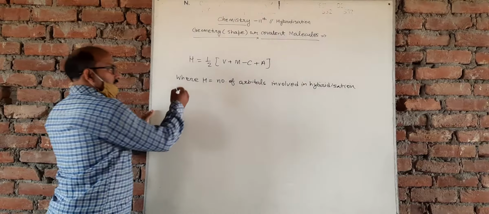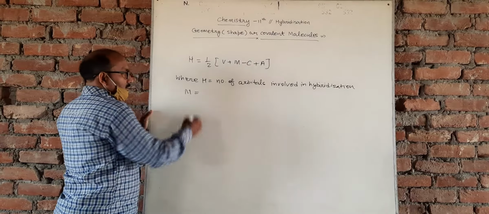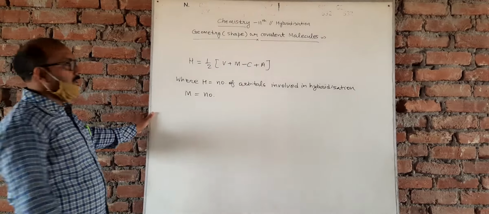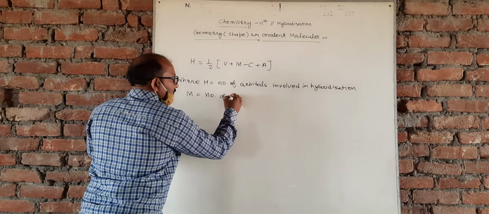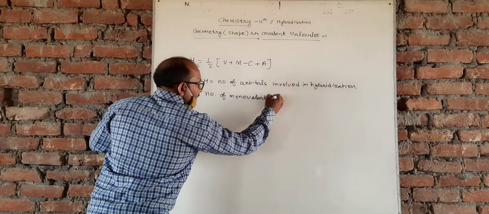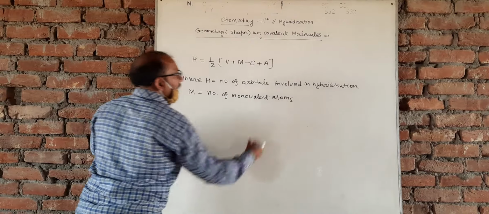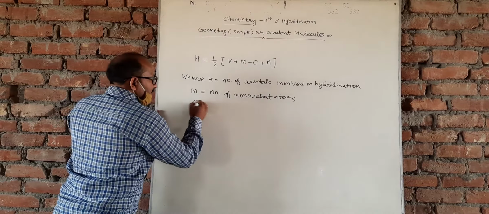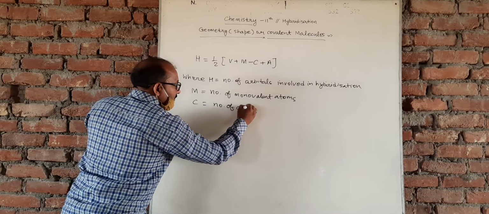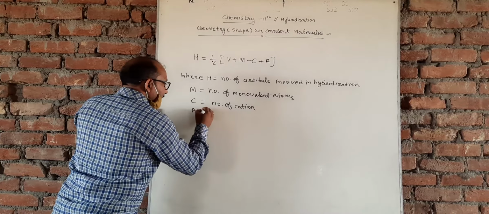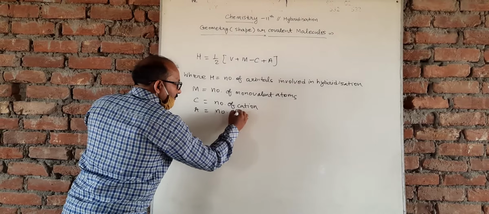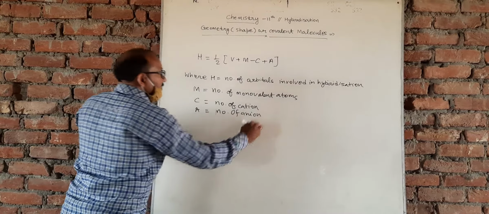Here M is the number of monovalent atoms, C is the number of cations, and A is the number of anions.